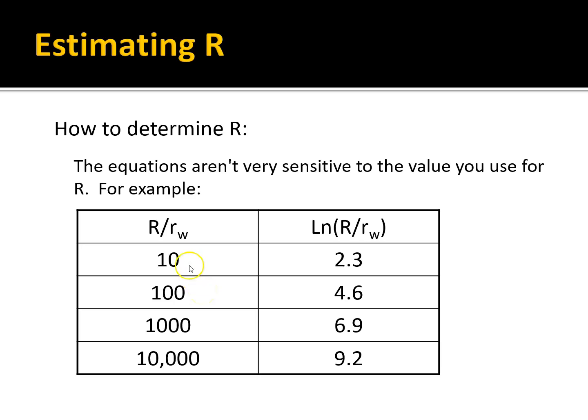And if you look at different ratios of this, as you go from 10 to 10,000, this natural log of R over Rw only varies from like 2 to 9. So it doesn't vary too much. You can have pretty drastically different values of radius of influence, and it's not going to change the result too much.